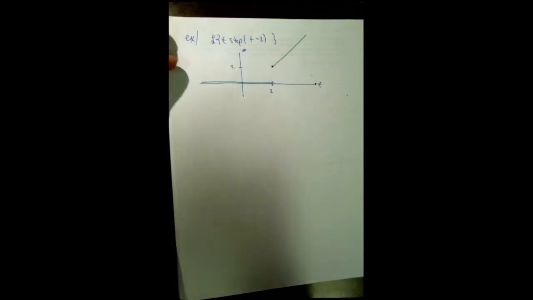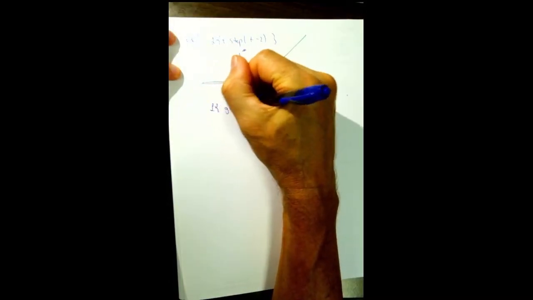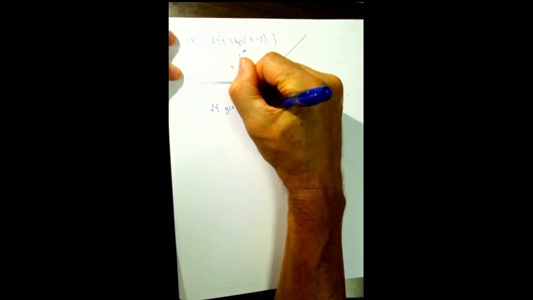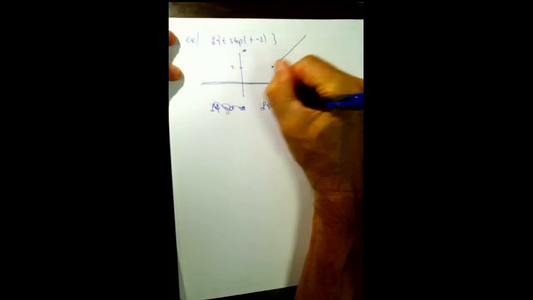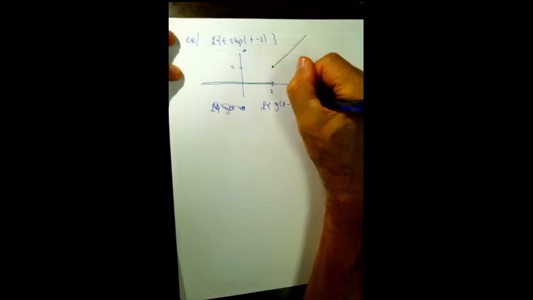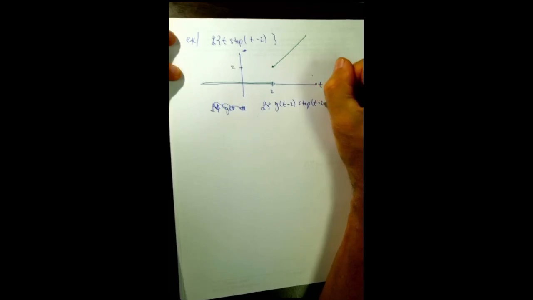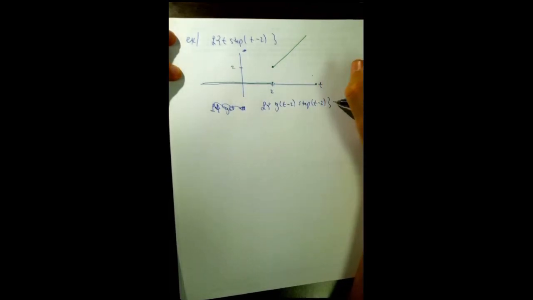Okay. The problem here, so let me do this. The Laplace transform of g evaluated at t minus 2 times the step function at t minus 2 is going to be e to the minus 2s times the Laplace transform of the function.